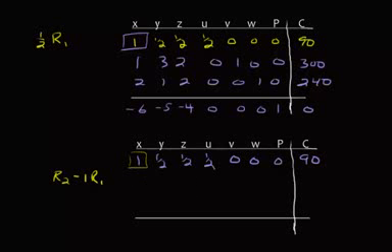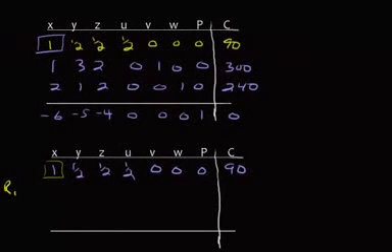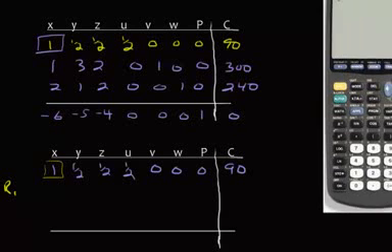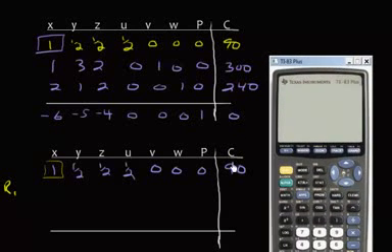And then if you followed along in the last video, you can use a calculator, which is extremely useful in finding our row. So let me pull that calculator back out just to show everyone again. So what we're going to do is type in exactly what we see here. So it says row 2. So let's go ahead and type in row 2. That's a 1, 3, 2, 0, 1, 0, 0, 300.